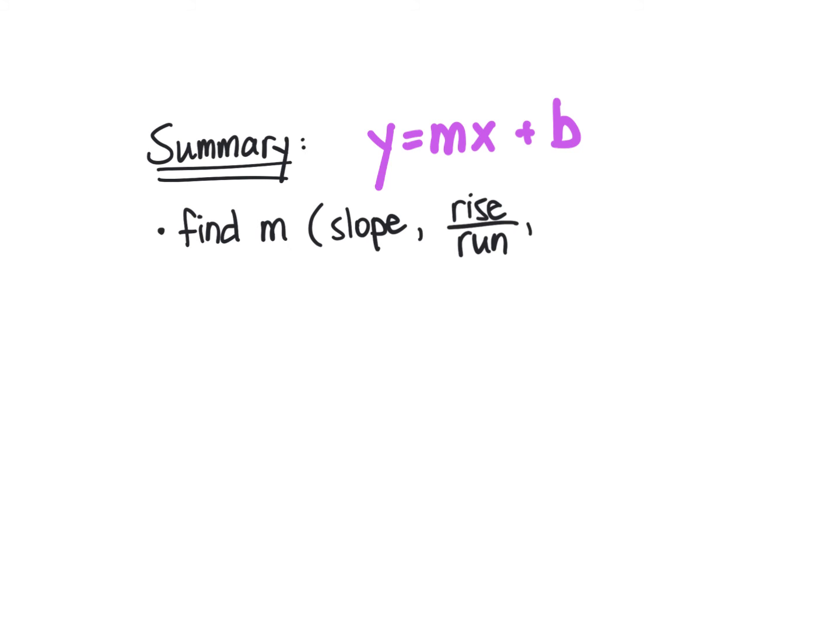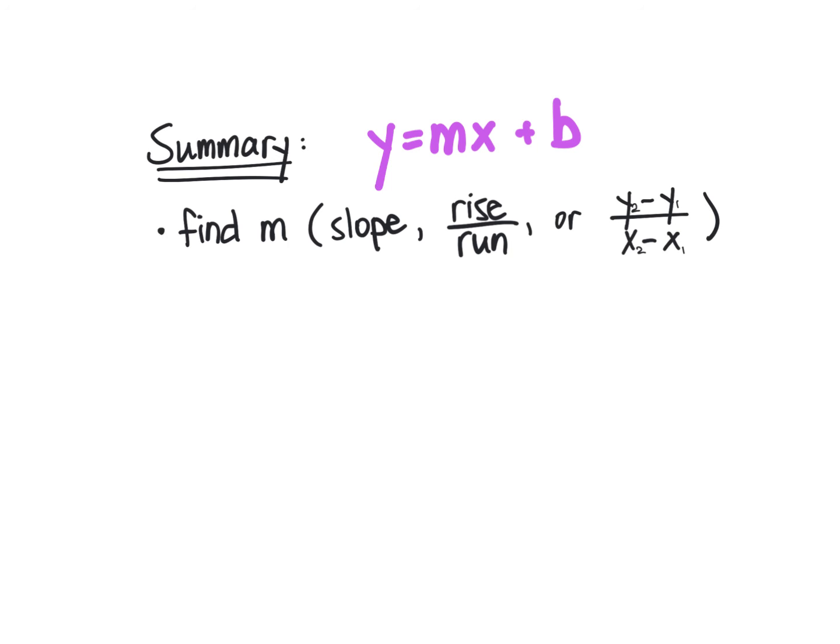Okay, so to summarize this lesson, basically you are having to write a function for every problem that you face, okay? And writing the function just means finding the y equals mx plus b formula, all right? So in order to do that, you are going to need to find m, find the slope, rise over run, okay? Or y minus y over x minus x.